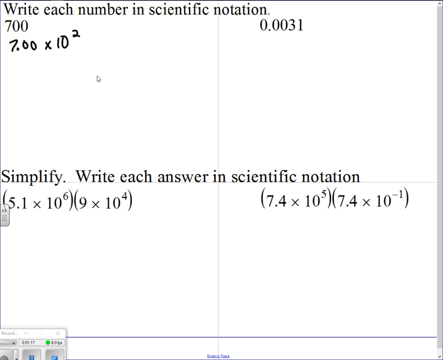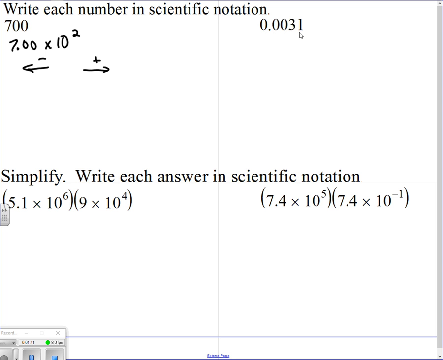And that is the answer. Remember, as you move it to the right, that'll be positive, and the number will get larger and larger and larger. If you move the decimal to the left, that will be negative, and the number keeps getting smaller and smaller and smaller.